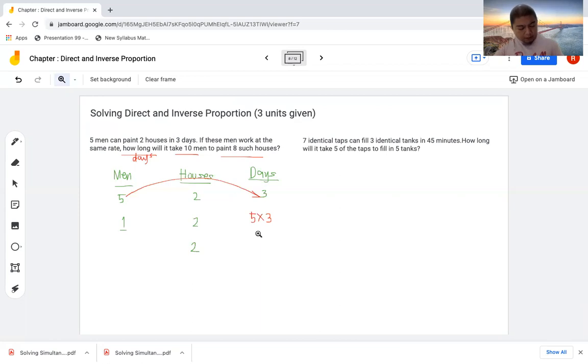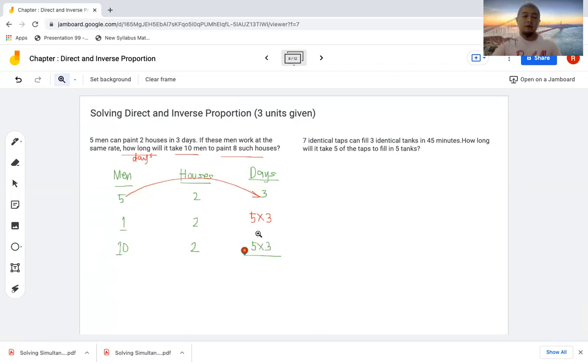So we will just remain this calculation as it is. Now in here, for the next one, you will know that it will be easier to convert 1 to become 10. So if 1 man can finish it with the number of 15 days, or 5 times 3, and you increase the number of men, then that means the number of days will be split. So the calculation now will be equal to 5 times 3.